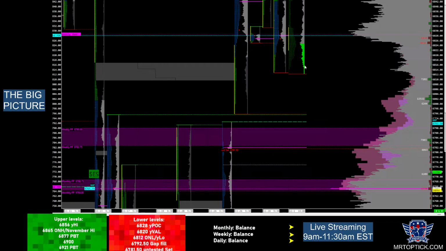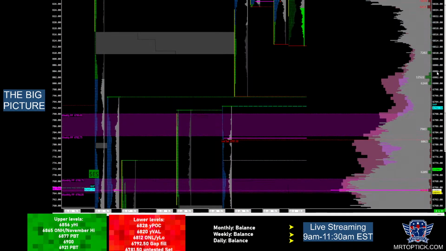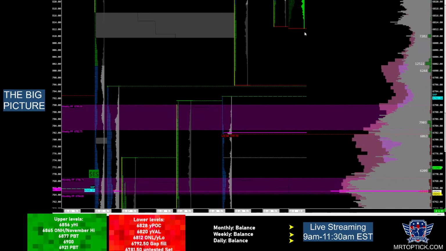Now, if we make a quick move, leave some single prints with a low volume, and then start building volume outside of that range, and we hold that little area, that low volume node that gets created on that move, then that's a clue that likely it's going to hold, and then we can go with a break.